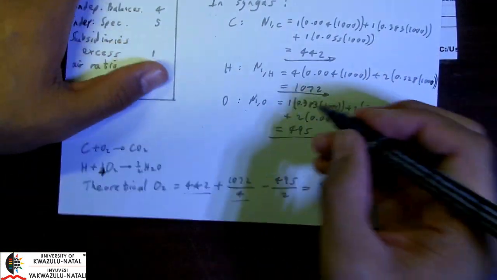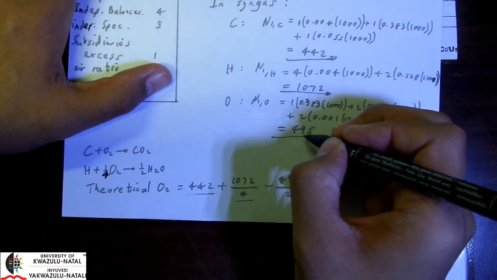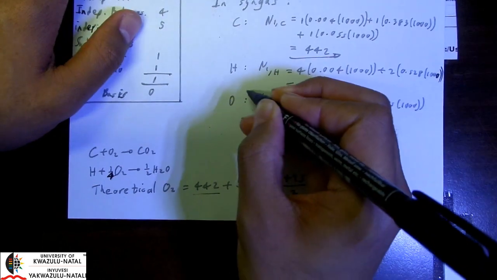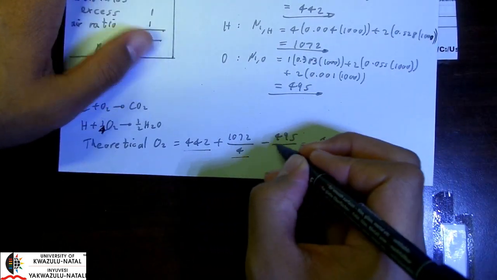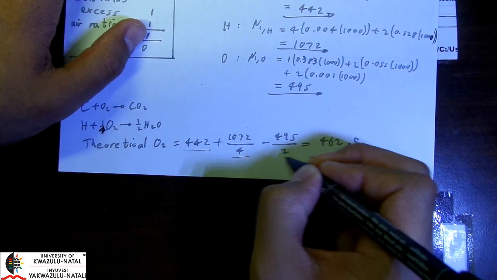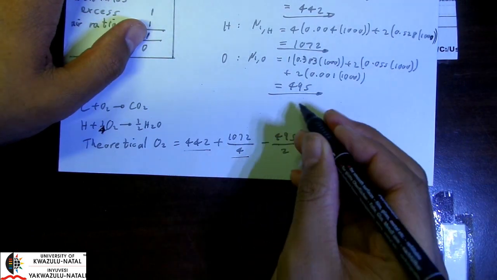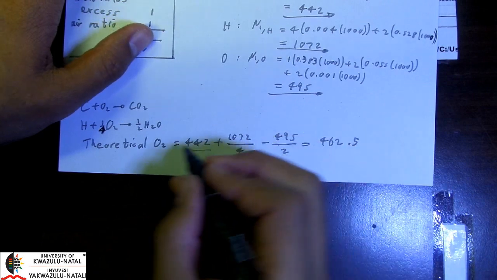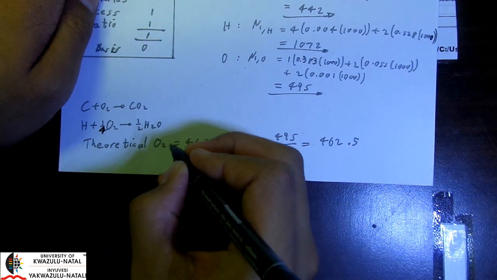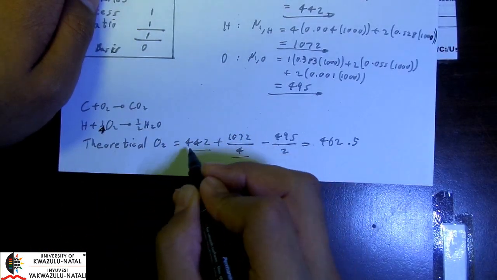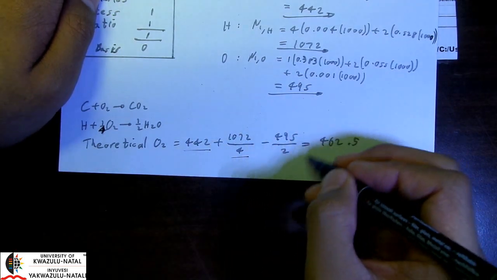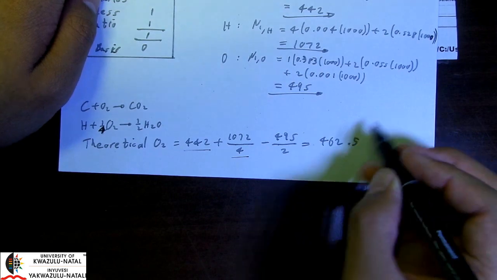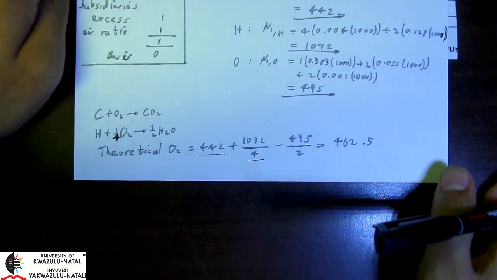And since I have 495 moles of oxygen already present in the syngas, that equates to 495 divided by 2 of oxygen gas molecules. So my theoretical oxygen gas is 442 plus the following, subtracting the oxygen already present in the syngas. So that's 462.